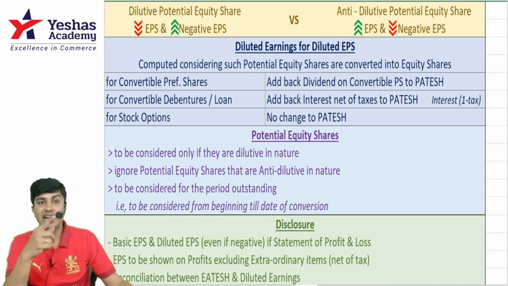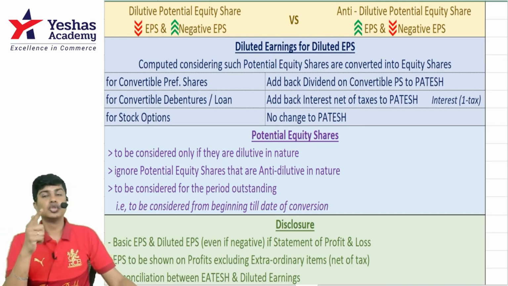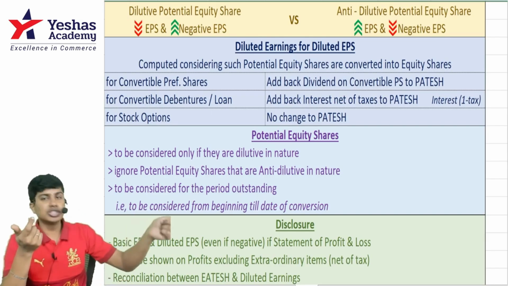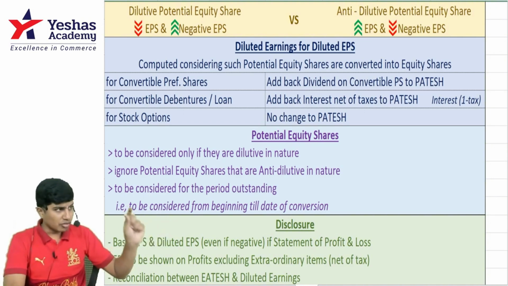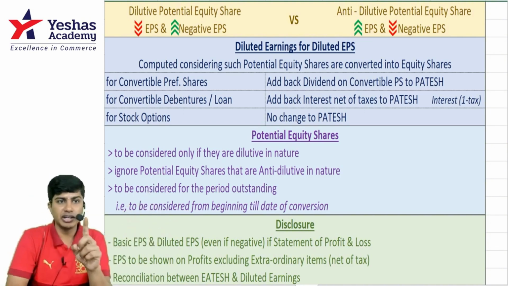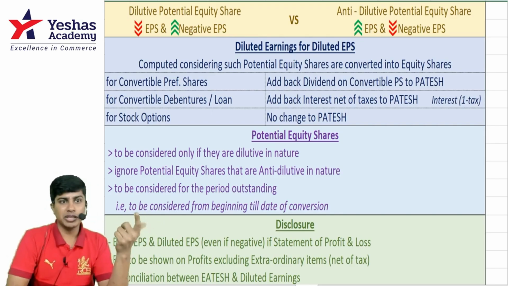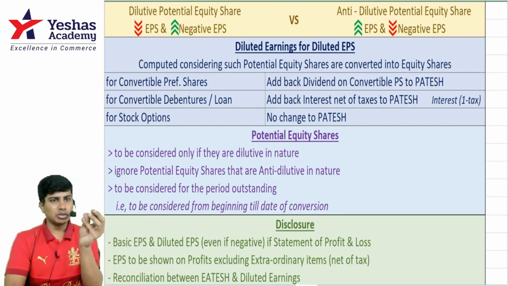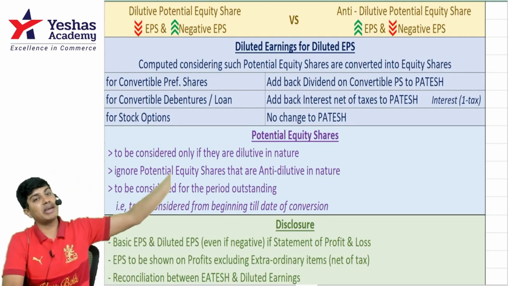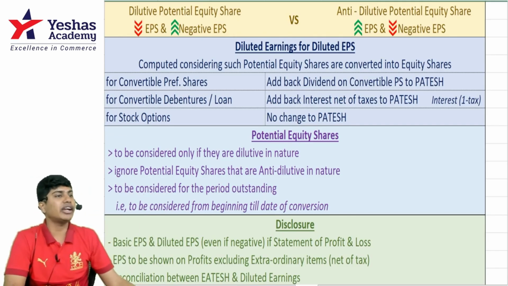Those debentures are convertible debentures. Those preference shares are convertible preference shares. If you convert those debentures and preference shares to equity shares, they'll come in the denominator. You have not yet converted, so you will do an imaginary EPS. Denominator, you add them to the number of shares. Numerator, you add back whatever you had paid them as interest and dividend, because now you don't have to pay them.